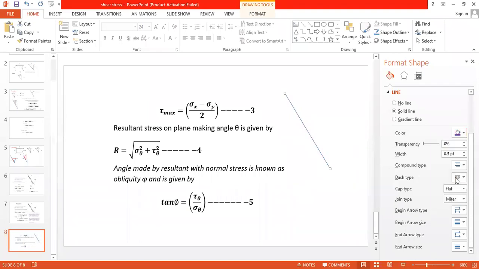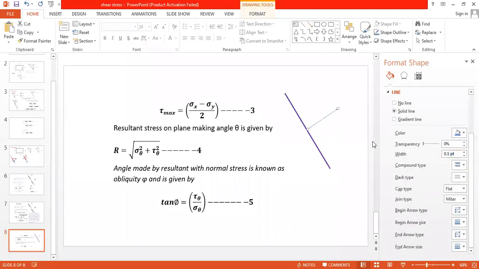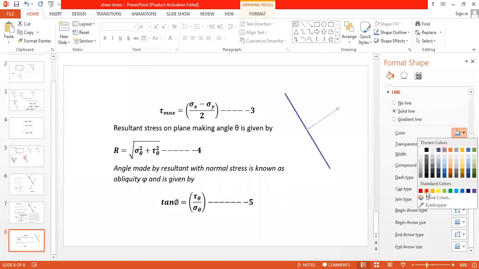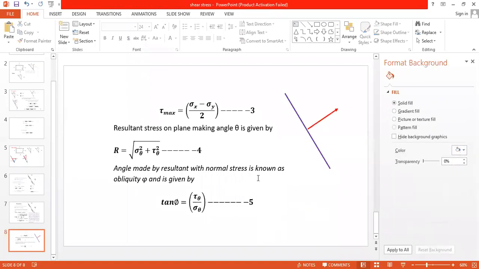Okay. Now the normal stress, the resultant normal stress on this plane, is like this. That is, here I will use this color. Next one, shear stress.